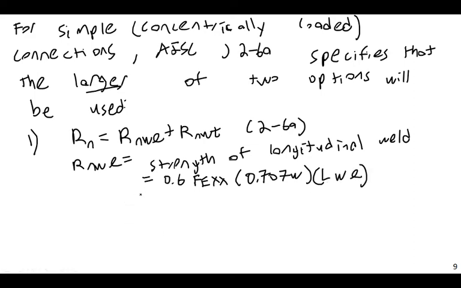Now I need to define what this stuff means. So again, W is going to be the width of the weld.